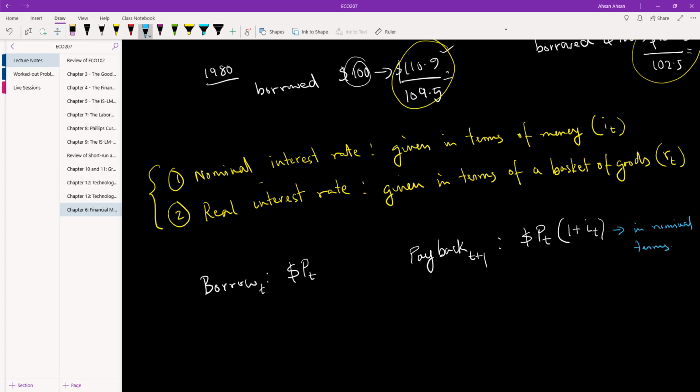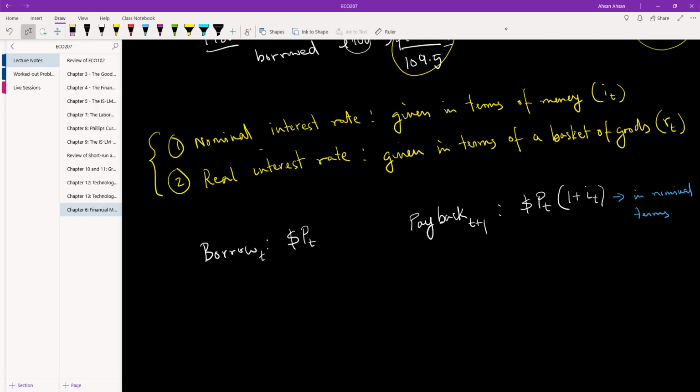So to explain that a bit more, suppose you borrow $100 and suppose the interest rate is 5%. So after 1 year, how much do you have to pay back? To pay back 100, obviously, that's how much you borrowed, and also the interest.